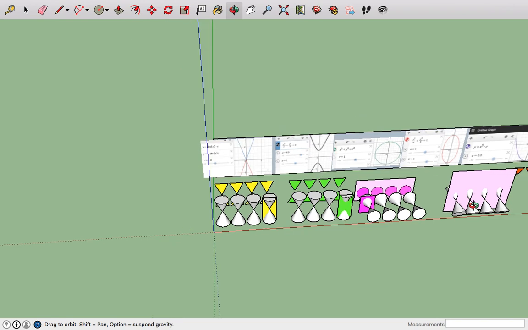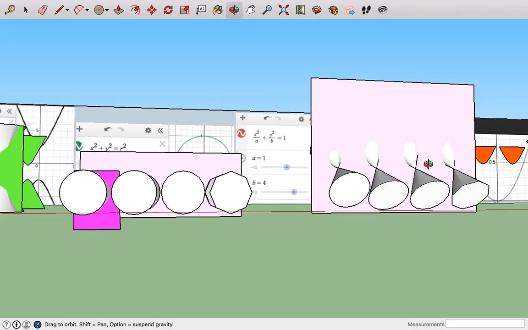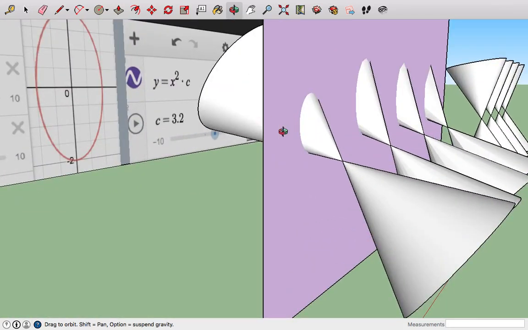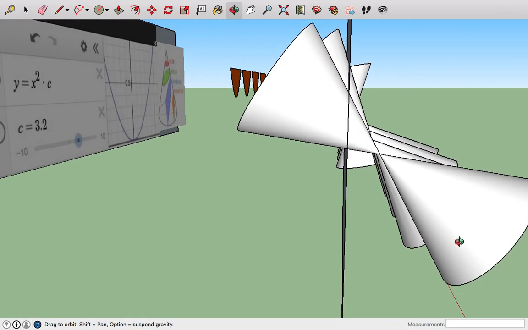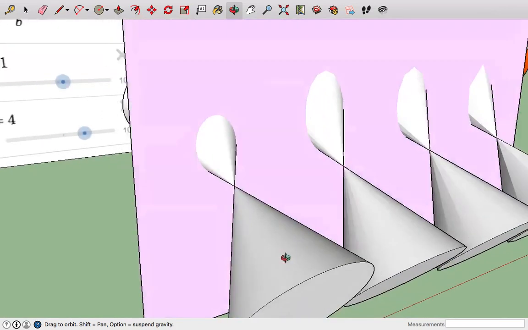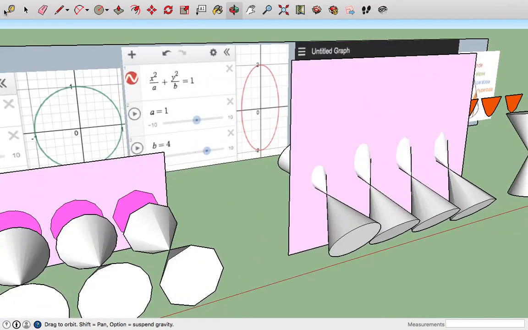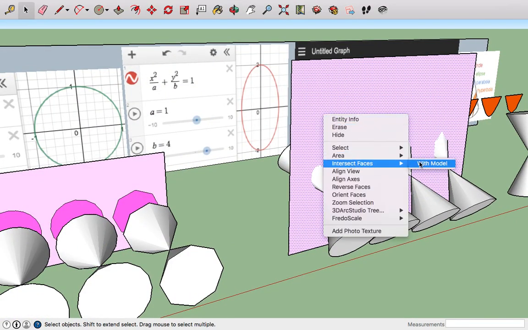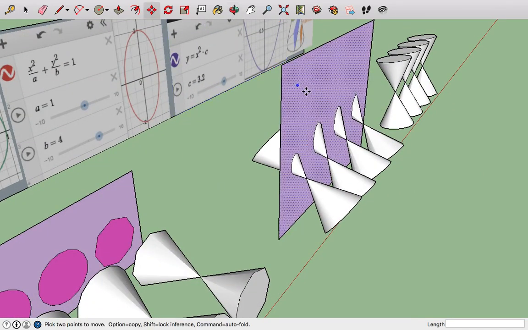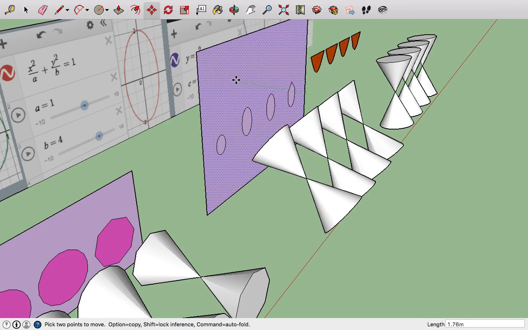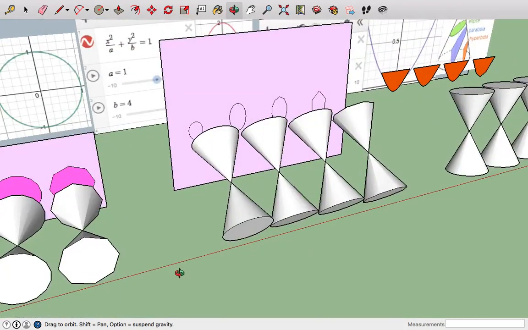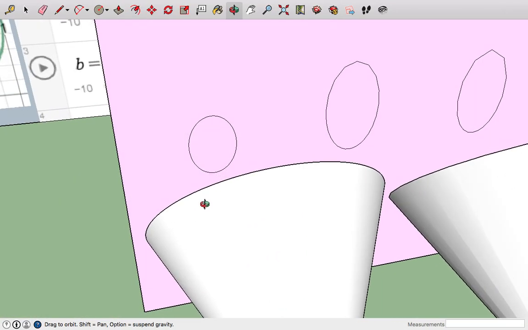But here we have ellipses, and you'll notice this cone right here is rotated farther through this plane right here than the other 3 cones. And you'll also notice that if I intersect these two geometries with one another and then pull the plane back, the cone that rotated farther through the plane, farther towards 90 degrees like this, created a profile that looks more circular.